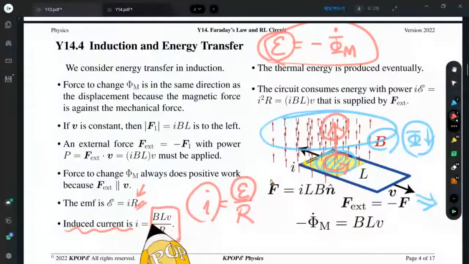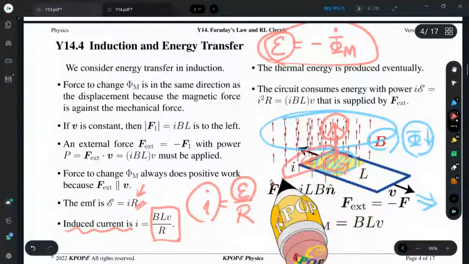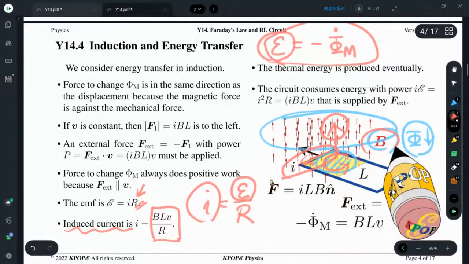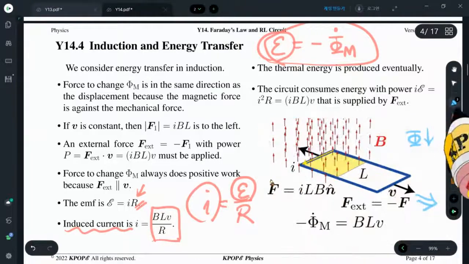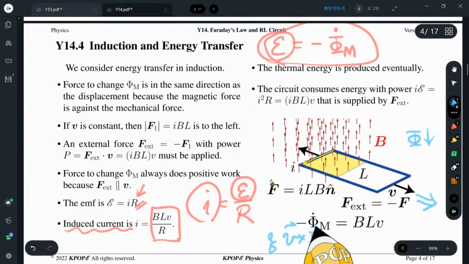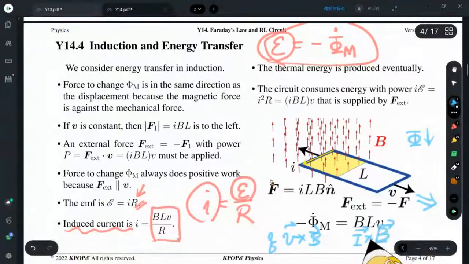Why? This is the force when this current flows. Current I flows in the magnetic field. You feel the Lorentz force, that is Q V cross B, or I L cross B, with L the length vector, magnitude ILB.